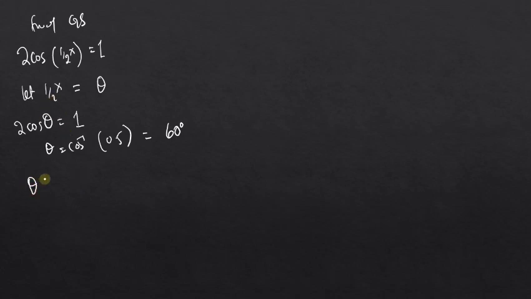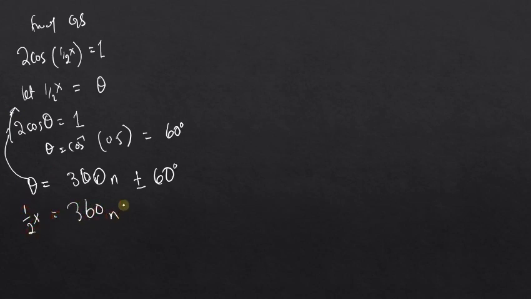Because it's a cos function, we use the cos general solution, which will be 360n plus or minus 60 degrees. But then we know that theta is 1 over 2x, which is equal to 360n plus or minus 60.